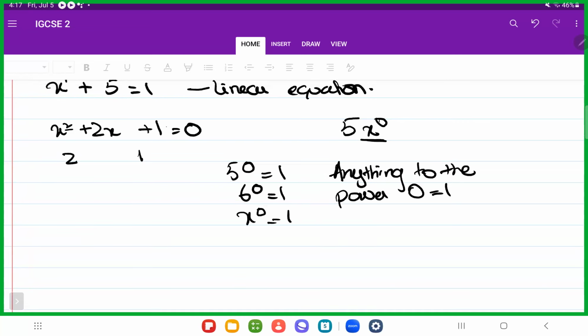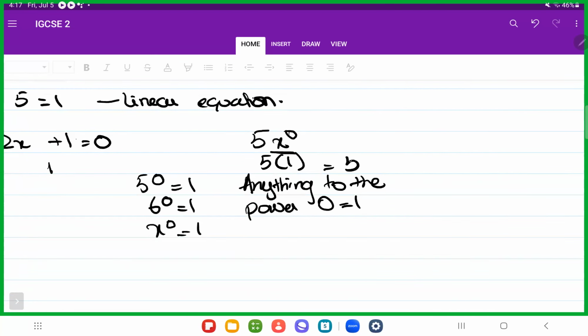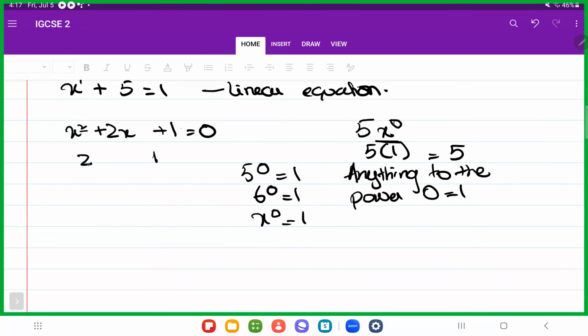So 5 basically means 5 times x to the power 0, where the maximum power of x in the equation will be 0. Is it clear till here?